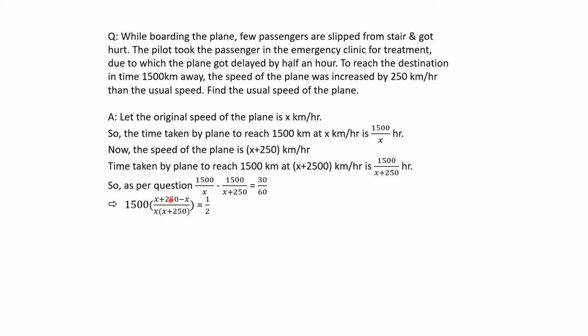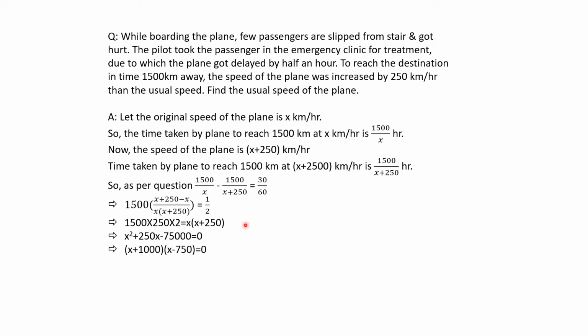Here plus x and minus x in the numerator get cancelled, and on doing the cross multiplication, what we get? 1500 into 250 into 2 equals x into (x plus 250), or we can write it as x square plus 250x minus 75,000 equals 0. Here x into x is x square, x into 250 is 250x, and 1500 into 250 into 2 is 75,000. We have taken this constant to the other side of the equal to sign.